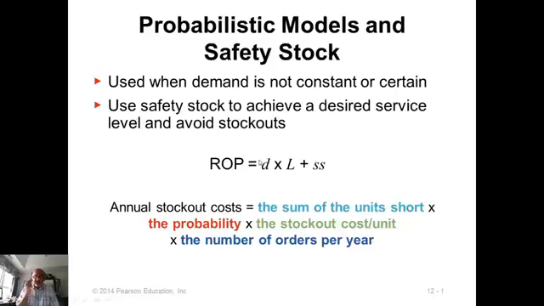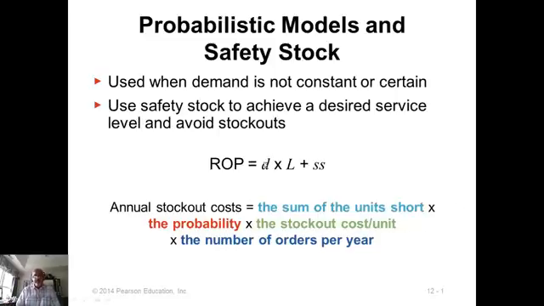But when the demand is not constant, the first two assumptions that we made for basic EOQ, the demand is variable and the lead time is variable, then what do we do?